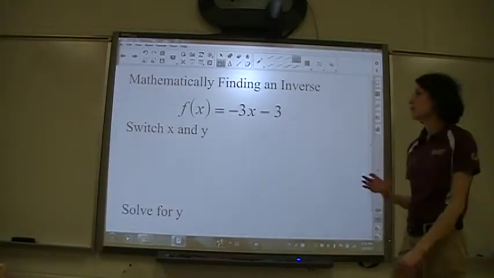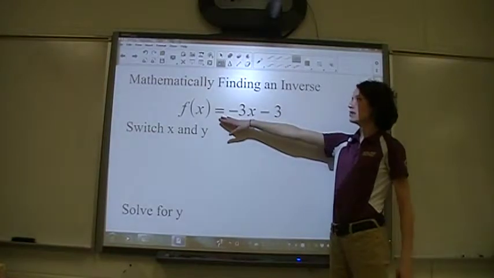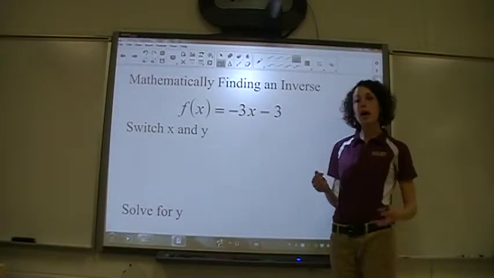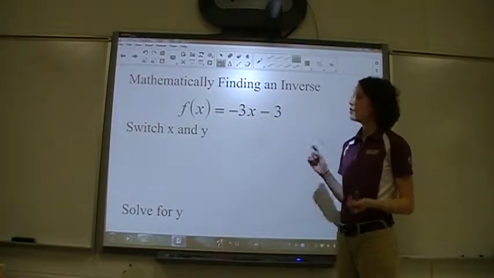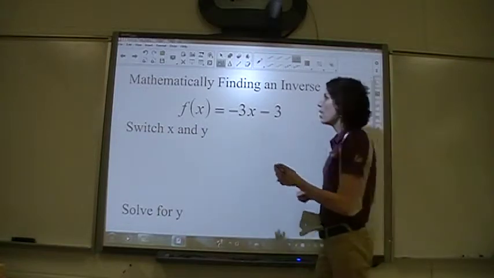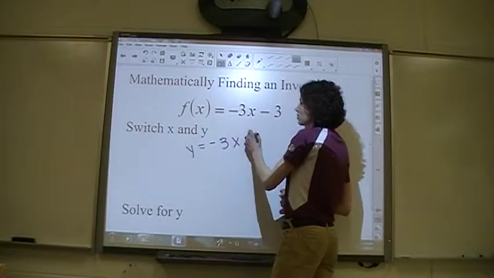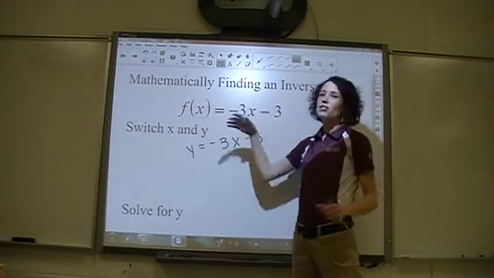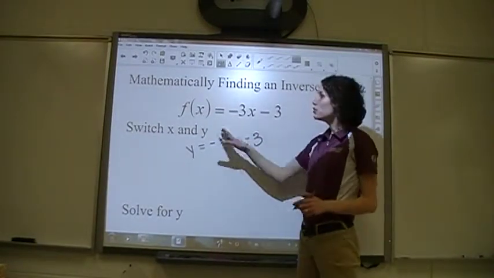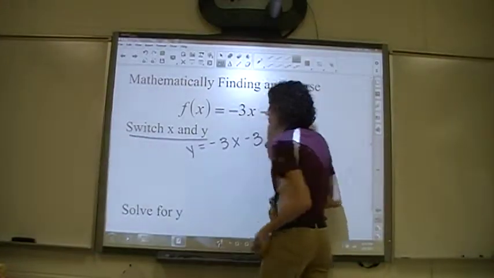So mathematically, if we have f of x equals negative 3x minus 3, I want to find the inverse of this function. The first step is to make it y equals. So really it's y equals negative 3x minus 3, because f of x is just a fancy way of saying y. What you want to do then is switch x and y.